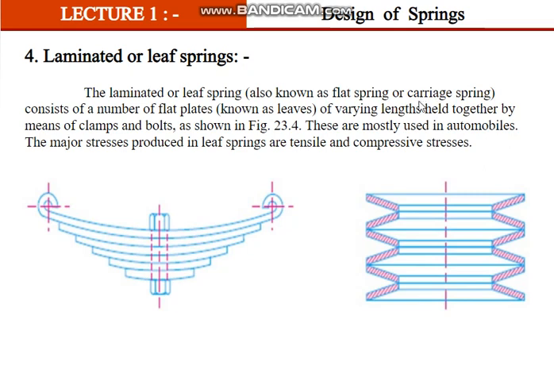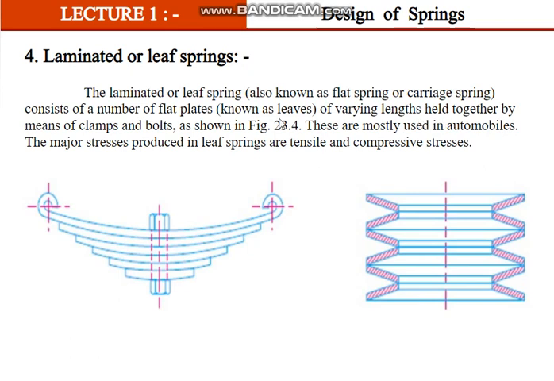In trains you can see them for heavy duty, that means more load where goods are being transmitted. In goods trains you see this kind of spring. In passenger trains you see helical springs. Next time you are in a train, look at what kind of springs are under the train. They consist of a number of flat plates known as leaves. Leaves look like leaves of a tree, one below another, of varying lengths. The first one is big, and then they get smaller and smaller.